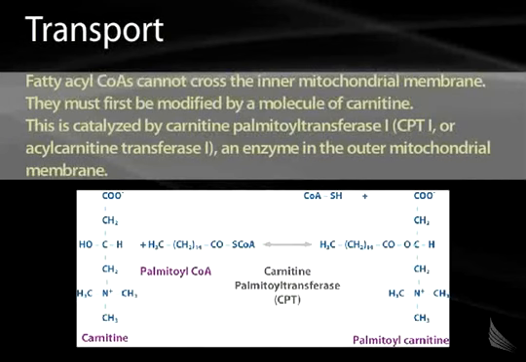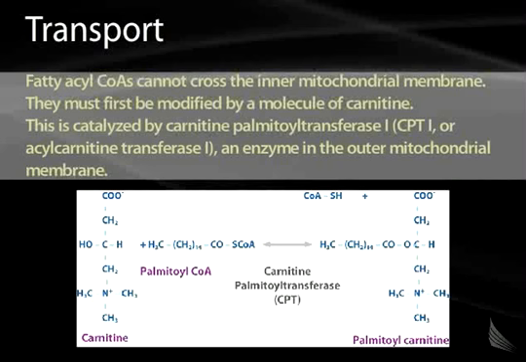Now, fatty acyl-CoAs themselves cannot cross the inner mitochondrial membrane. In order to get across the mitochondrial membrane, they have to be modified by a molecule of carnitine, which is shown here. It's a modified amino acid.